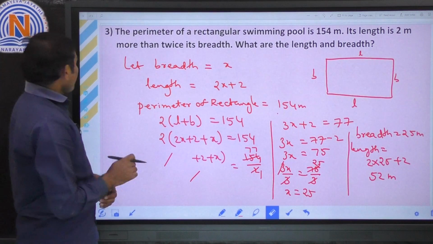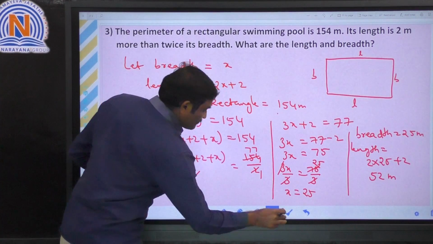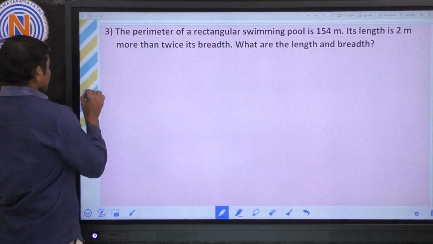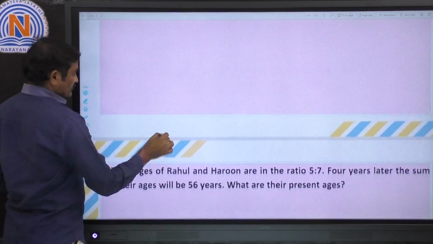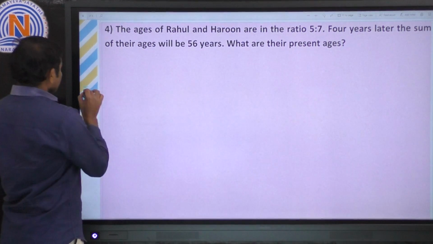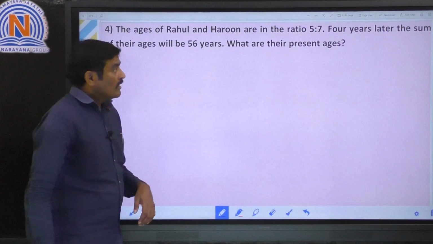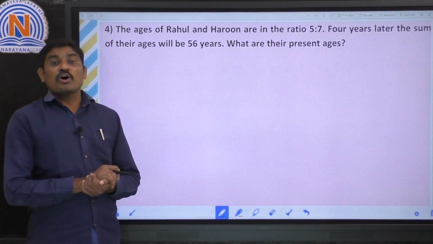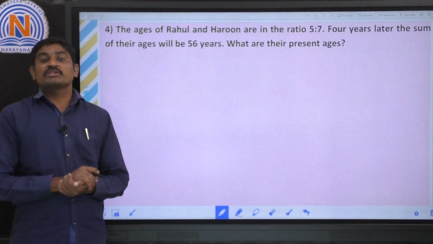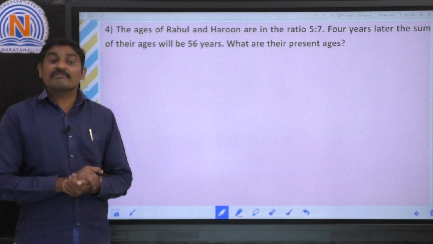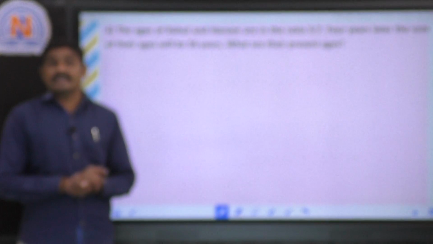Now let me explain the fourth one. Okay. Now the fourth sum, see, the ages of Rahul and Harun are in the ratio 5:7. 4 years later, the sum of their ages will be 56 years.